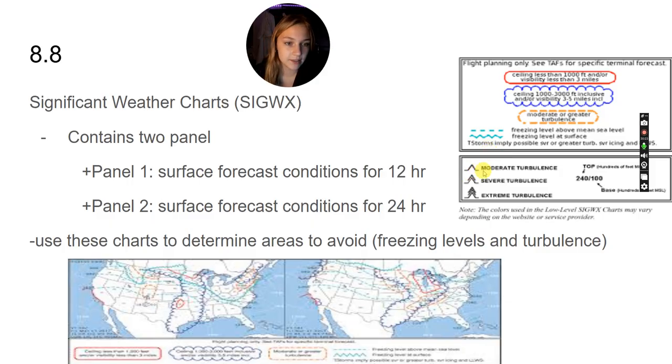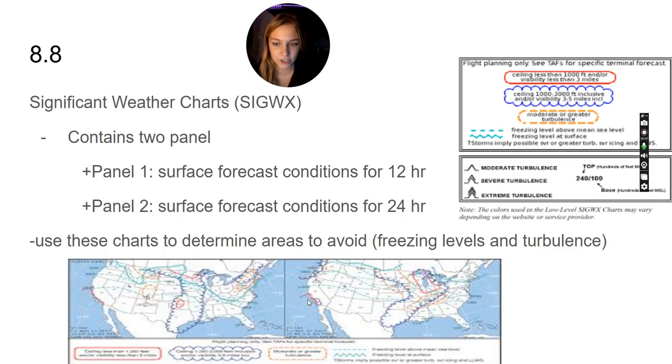If you see a cap like this, that means there is turbulence in that little section. And then there will also be a number. The number will mean what level that is at. It's in hundreds of feet, so this would be 24,000 feet with a base of 10,000 feet. So whatever it's indicating would be in between those two levels.